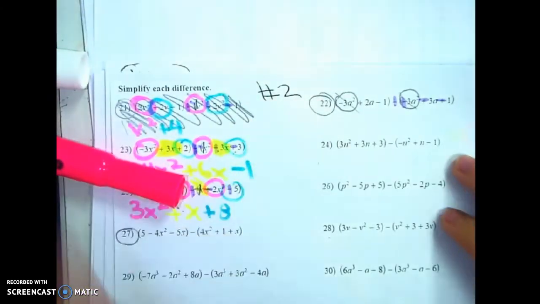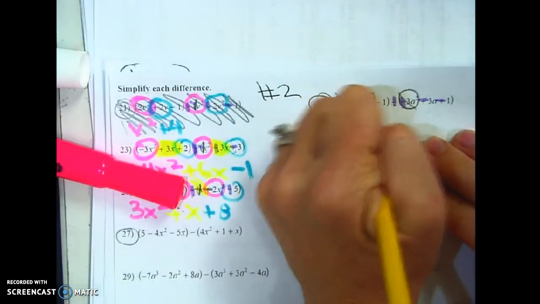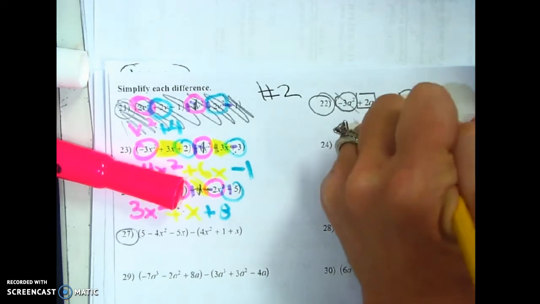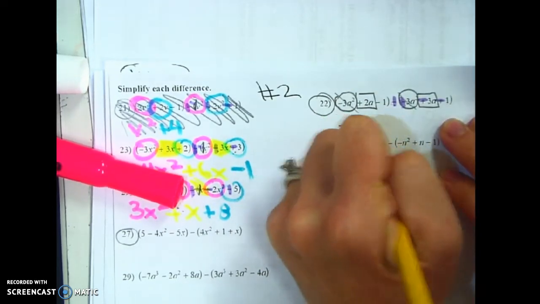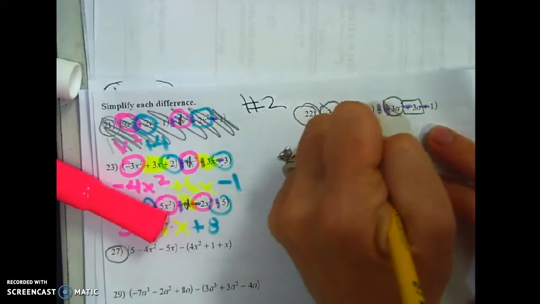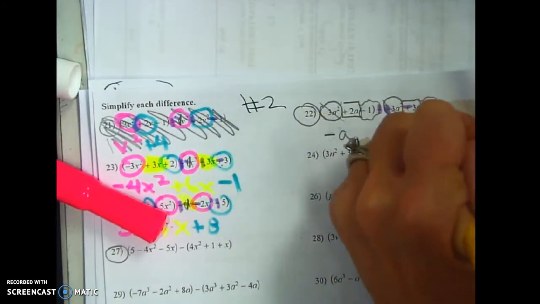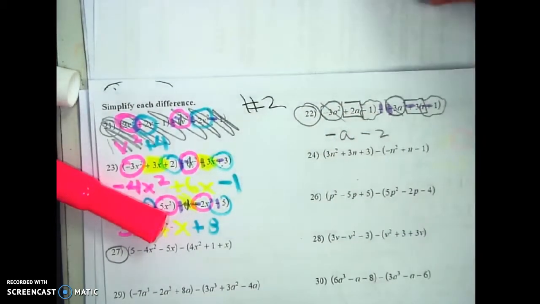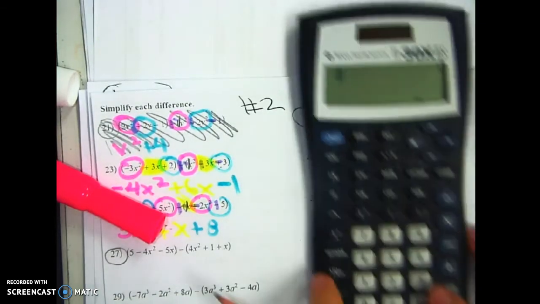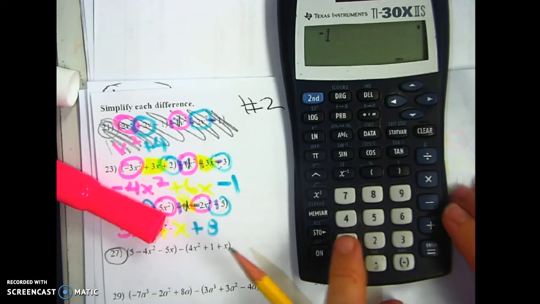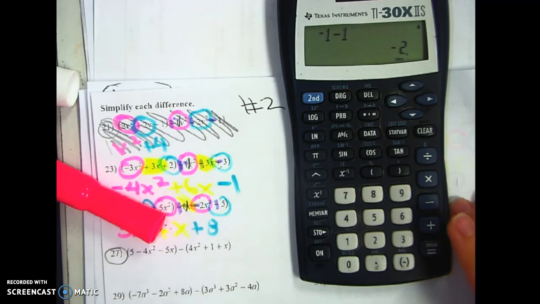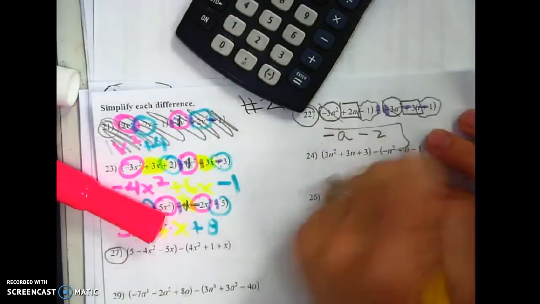You can't do that. So now I'm going to do a box, positive 2, and negative 3 is negative 1a, but I'm just going to put negative a. And I'll do a bubble, negative 1, negative 1 is negative 2. Remember, if you want to go negative 1, then you go minus 1, and that's negative 2. Okay? Done on that one.